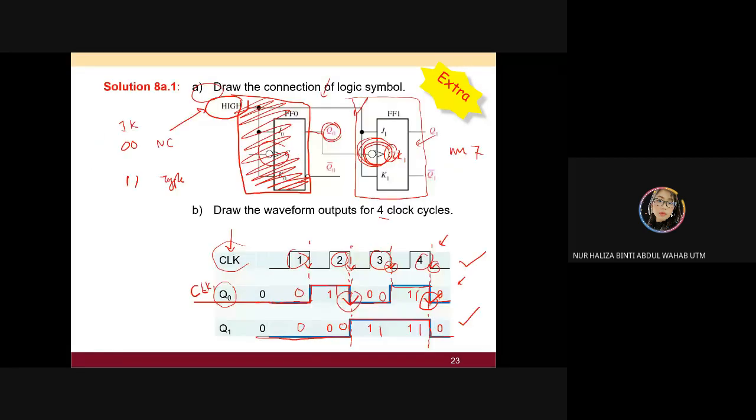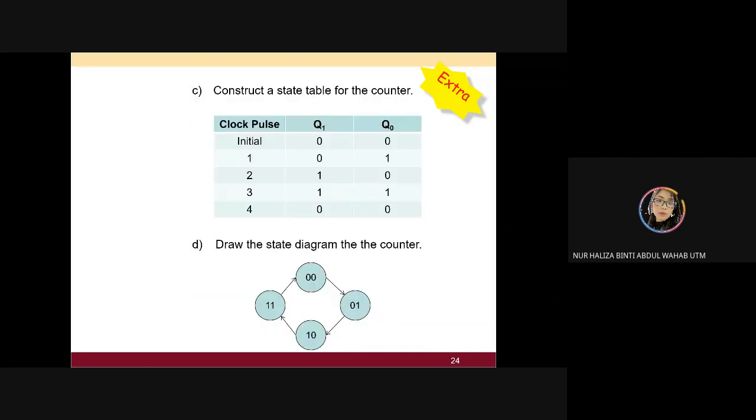You just copy back everything starting from your initial, and after that you just copy the value at cycle 1, cycle 2, cycle 3, cycle 4. Done for your state table. You need to move to your state diagram following the state table.